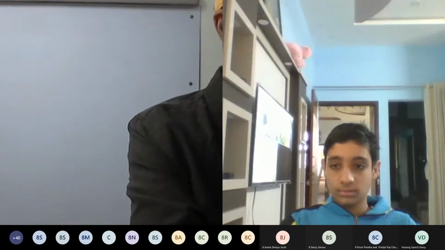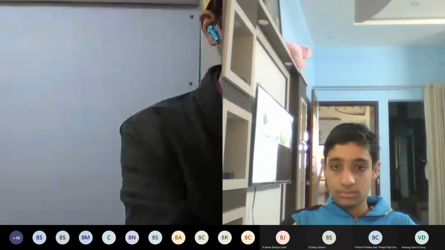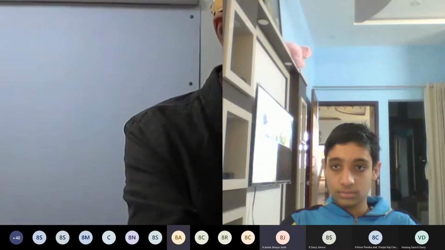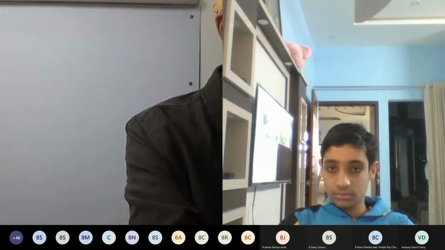Every rhombus is a rectangle. False. The diagonals of a rectangle bisect each other at right angles. It's false. Each diagonal of a rhombus bisects the angle through which it passes. True.